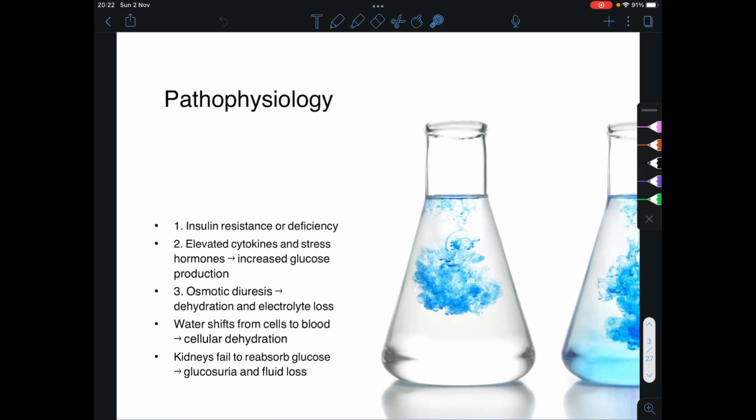The pathophysiology of how it develops: you have insulin resistance and stress, and because there are stress hormones like cortisol and glucagon, these increase glucose in the blood and decrease its utilization, and that causes an osmotic diuresis. The kidneys try to get rid of this glucose, losing water and electrolytes.